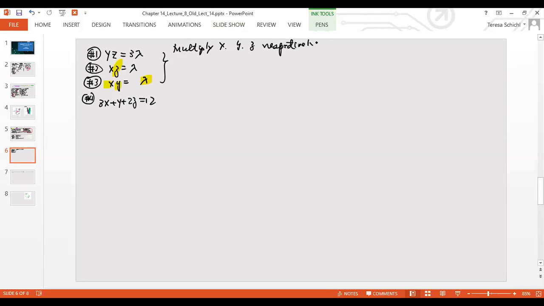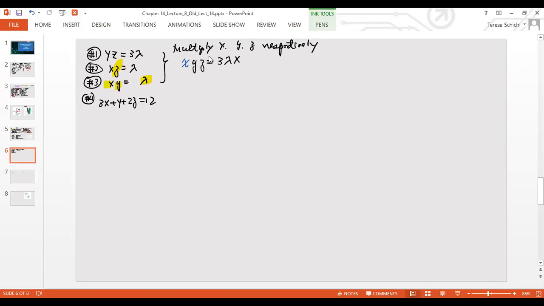What does that mean? For the first one, because it's yz, I'm missing an x, so I multiply by x. So xyz is equal to 3 lambda x.